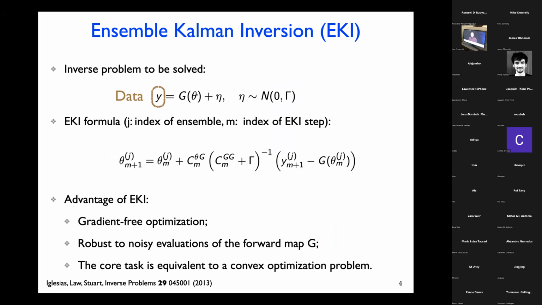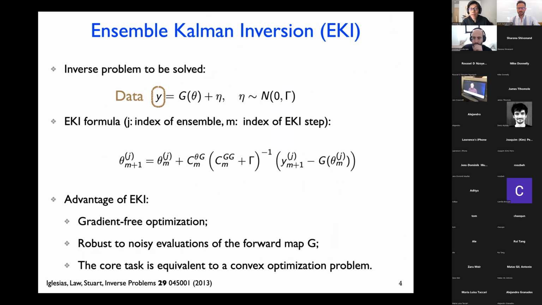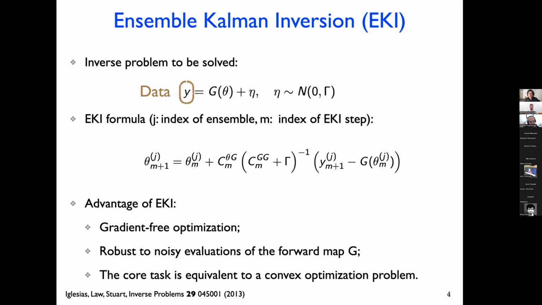So assume that we have unknown parameters theta, and we have a known map that brings us from theta to data space. And eta here just denotes some noise associated with the way we obtain or calculate the data Y. And we assume that it follows a Gaussian distribution, unbiased.